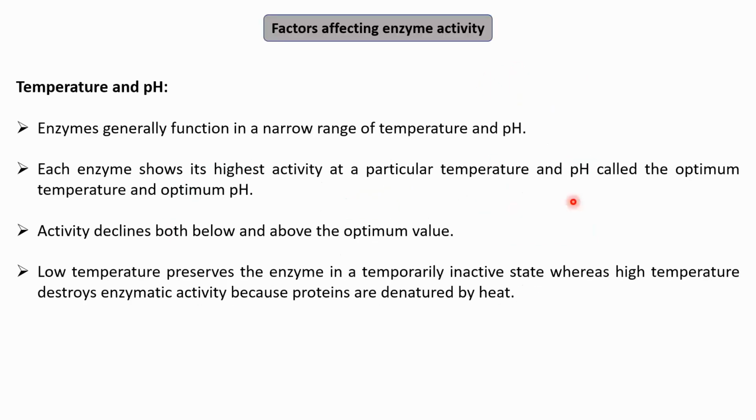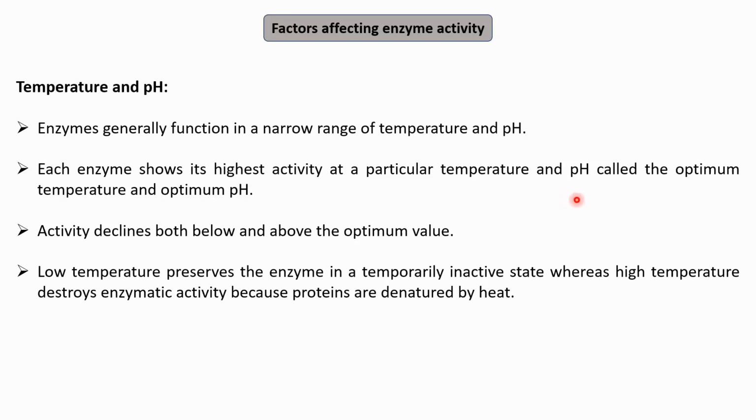Now, as I mentioned, enzymatic activity is very dependent on different factors. Temperature plays a crucial role, and pH plays a crucial role in defining the activity of enzymes. So the factors that affect enzymatic activity are temperature, pH, and the concentration of the substrate.